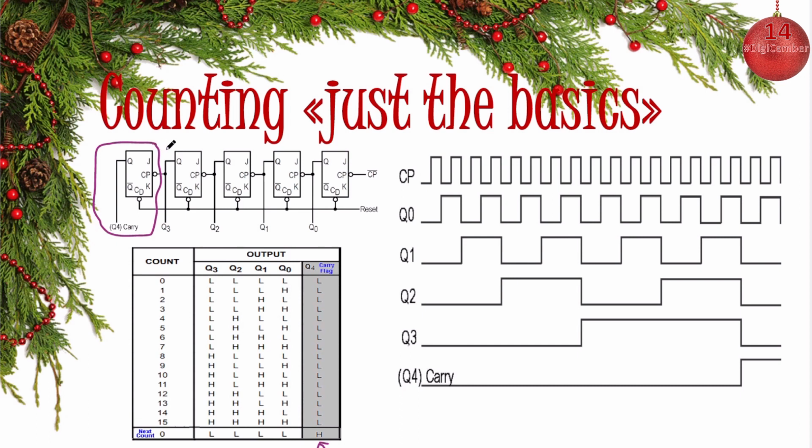That means that you have counted one turn around. And this is pictured here. This is the clock pulse. It's changing every other, and this is the least significant bit, and this is the most significant bit, and this is the carry, or really the 5th bit. It's the one we are taking with us to the next counter if we are cascading them.